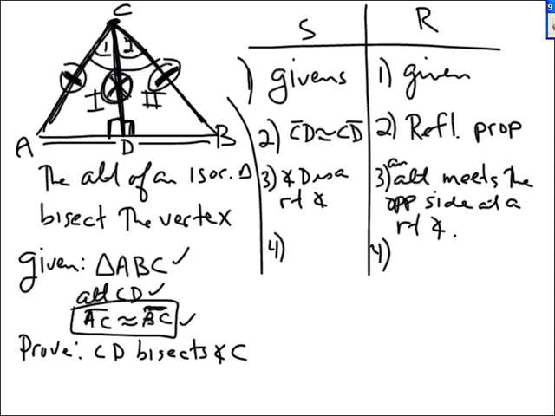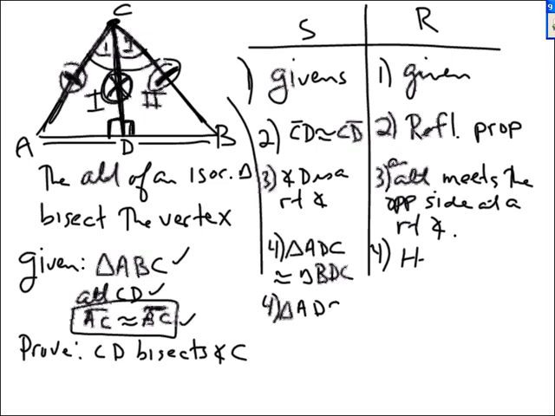Now I can say triangle ADC is congruent to triangle BDC. And the reason is, there is one thing wrong. I didn't say that. Let me put it down here.